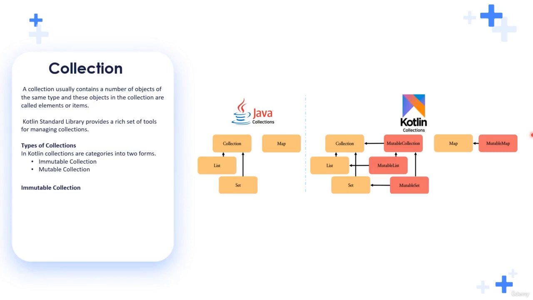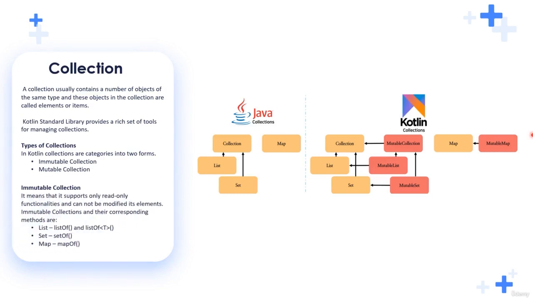So, what are the immutable collections in Kotlin? Immutable means that it supports only read-only functionalities and its elements cannot be modified. From the naming, we cannot change its elements.